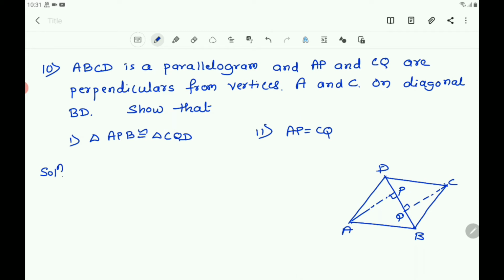Write the solution. Given: ABCD is a parallelogram.